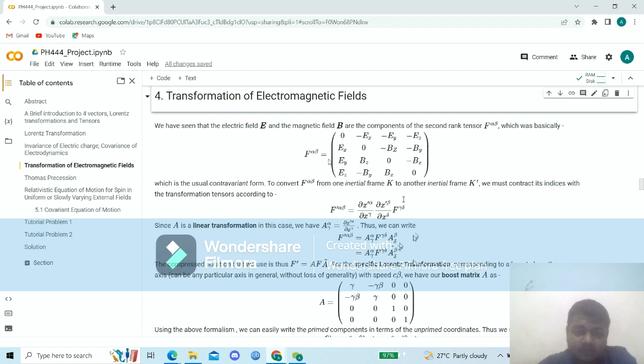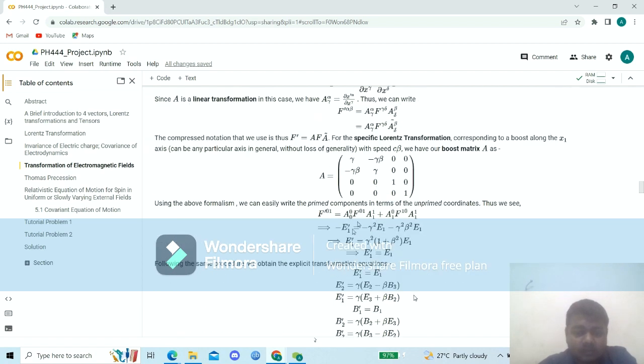So it would basically be minus E1 prime. 1, 2, and 3 here, in this case E1, E2, E3, or what we would see later, B1, B2, B3, have nothing to do with the contravariant indices. These are just the ordinary Cartesian components, so we basically have Ex, Ey, Ez. So we have nothing to do with the contravariant indices in this case.